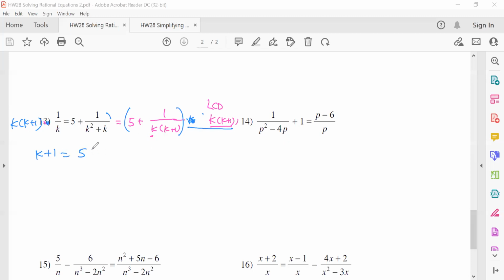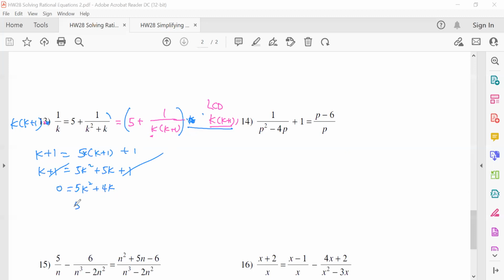So 5k times k plus 1. And the second part here, times here became 1. So you can see a more simplified case, right? k plus 1 here is 5k squared plus 5k plus 1. 1 is gone. So let's see. So 5k squared plus 4k equals 0.